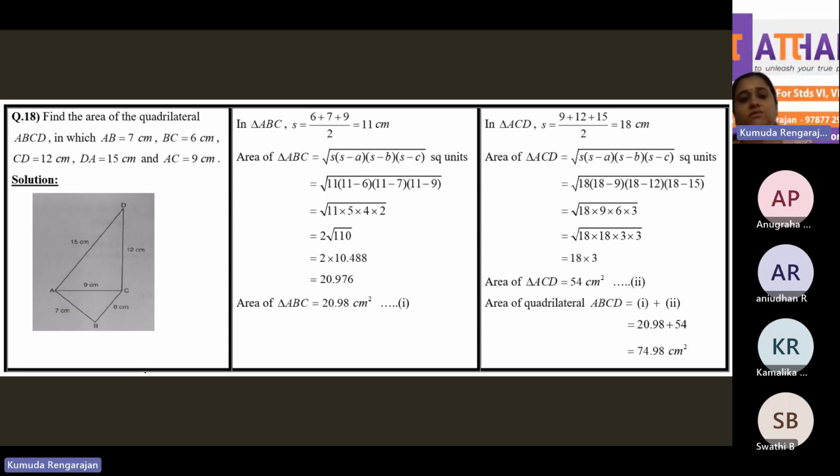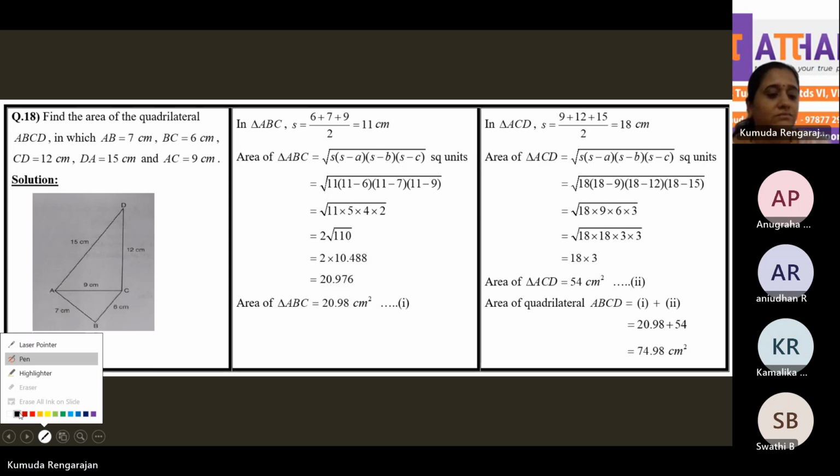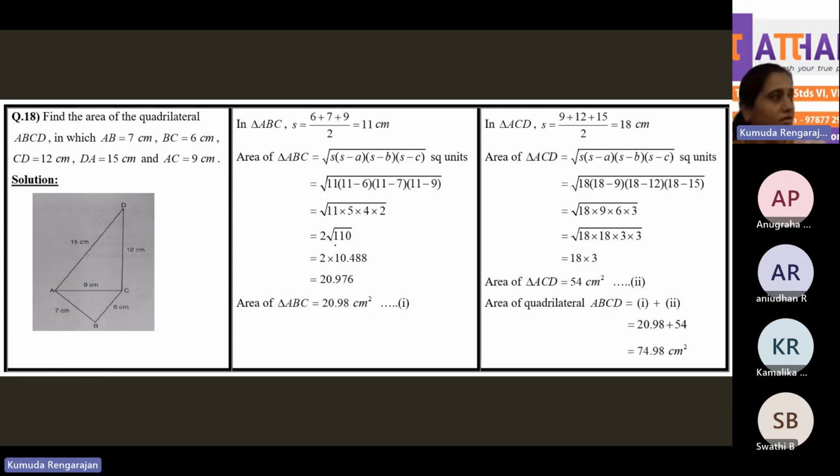Online students, please check your answer. See, I should tell you this one also. The value of root 110, you don't write these two steps, children. That's what I should tell you. You don't write these two steps. Area is equal to 2 root 110 only.